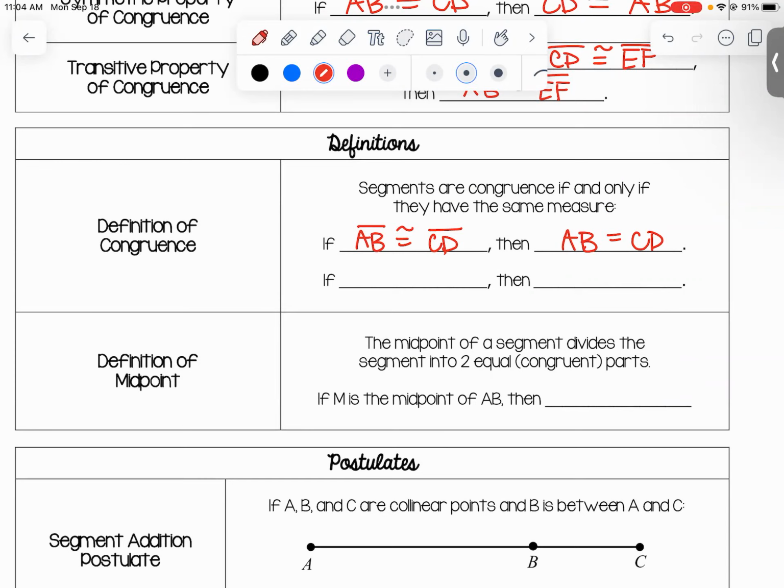Here I'm saying their measures, their actual numeric measurements, are the same. And since this is an if and only if statement, we can write this the other way also. So there may be some times where you need to go from congruence to equals or equals to congruence. That would be this right here. We're using the definition of congruence to get from one to the other.